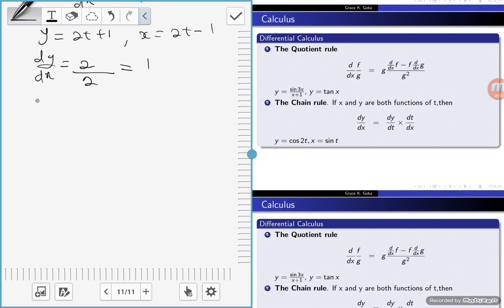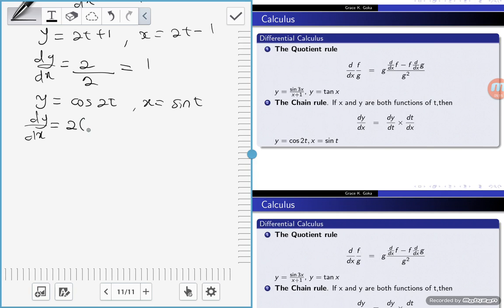Another example, if y is equal to cos of 2t, x is equal to sine of t, then dy dx is differentiate this. So if you differentiate the cos of 2t, means you're differentiating the number or the function after the cos. Differentiating 2t with respect to t, we get 2.